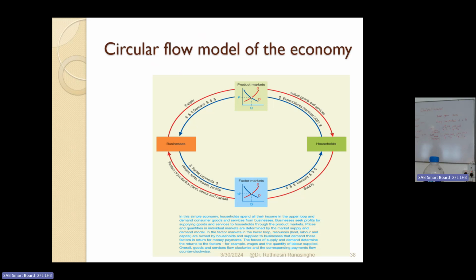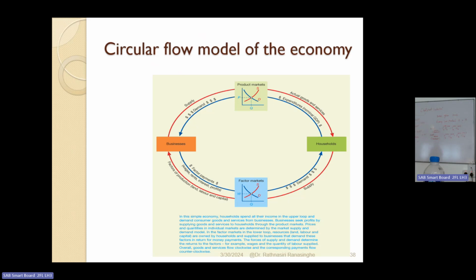So we see the real and monetary flows as opposite relations. Here, the factor payment is made, and they receive the factors of production, which has productivity as well, right? So the production, the real and the monetary flows also occur.